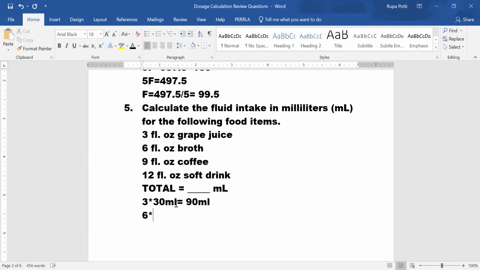Usually I see that when students are given a problem saying a patient is getting 100 mL per hour, and what is the intake for 8 hours, they don't multiply 100 times 8. The patient is getting 100 mL per hour for 8 hours, so that will be 800, right?